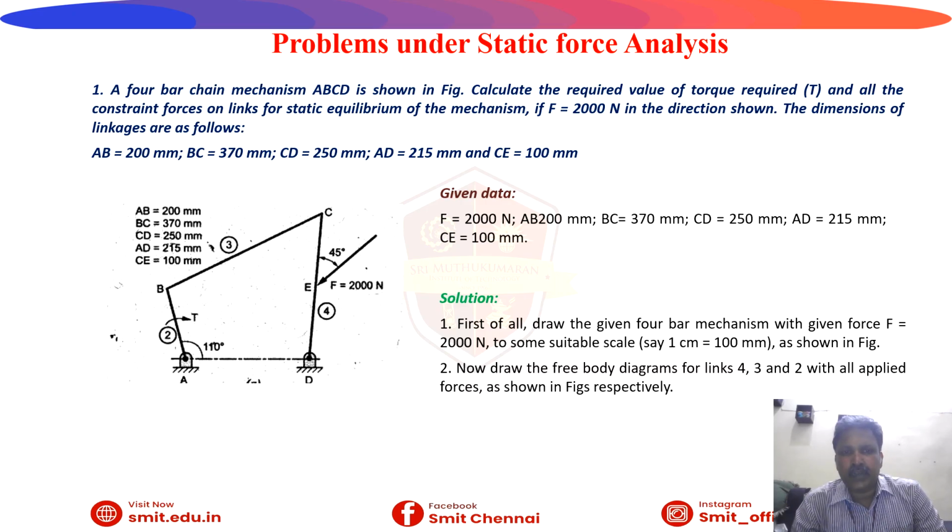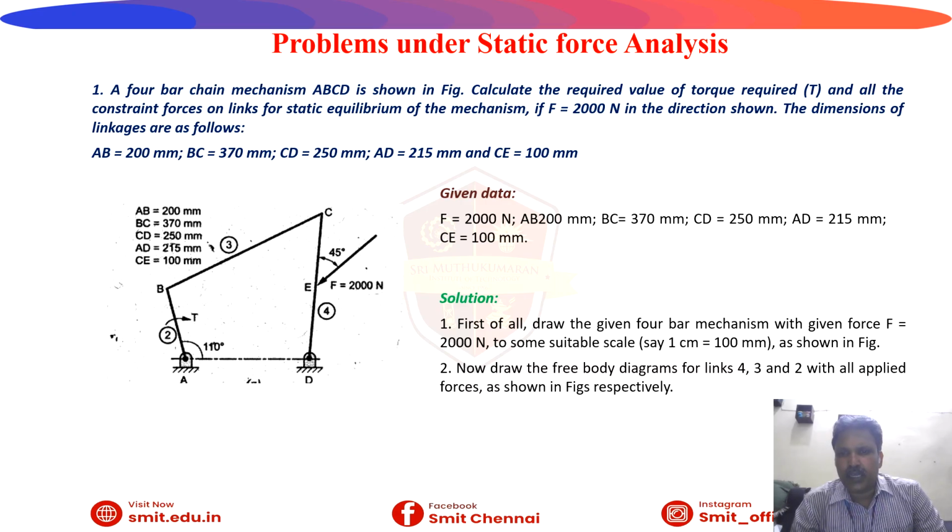Initially we have to write the data given in the problem: AB is 200 millimeters, BC equal to 370 millimeters, CD equal to 250 millimeters, AD equal to 215 millimeters, and CE equal to 100 millimeters. We can see the solution one by one.